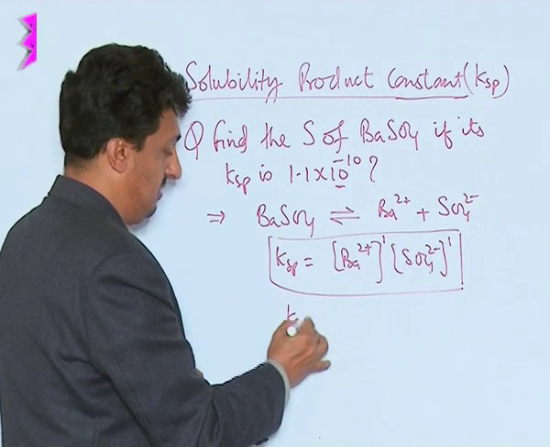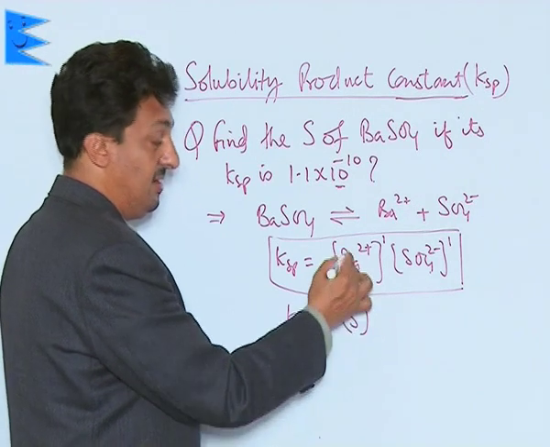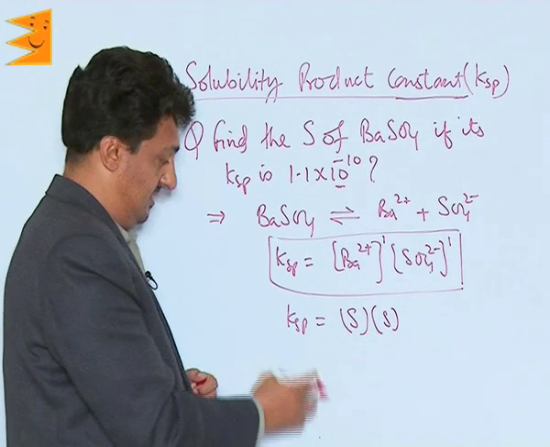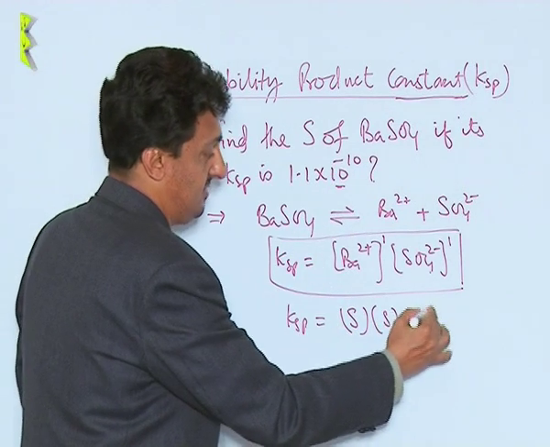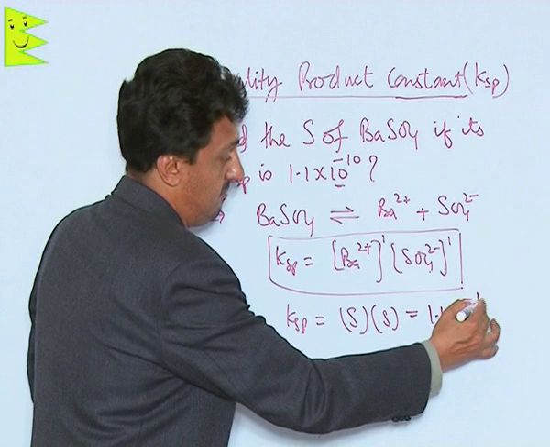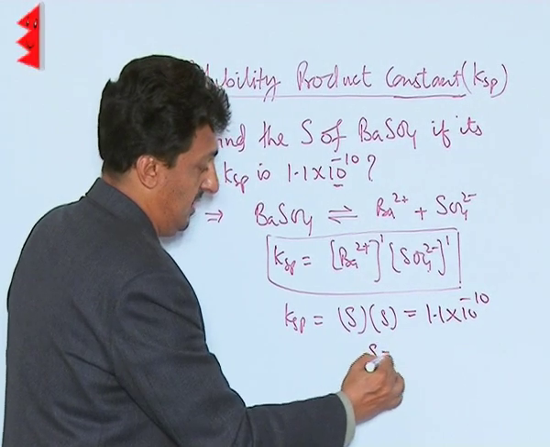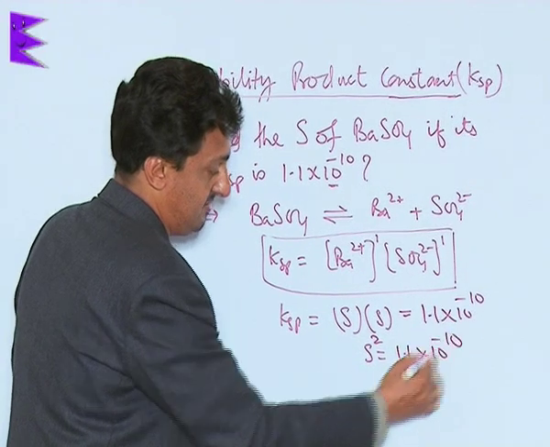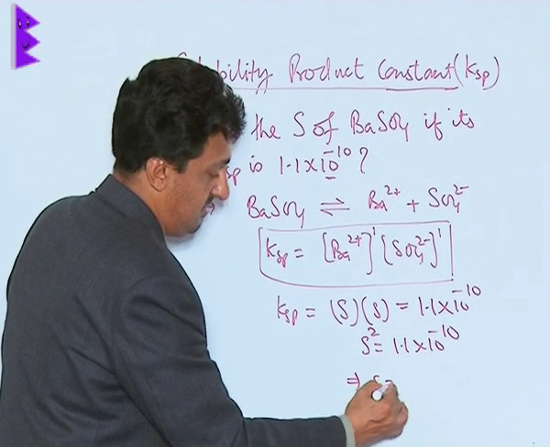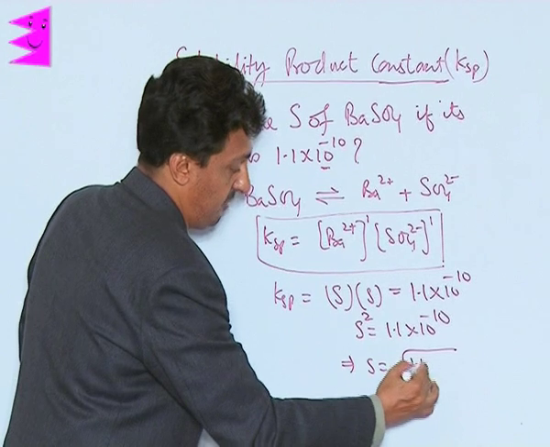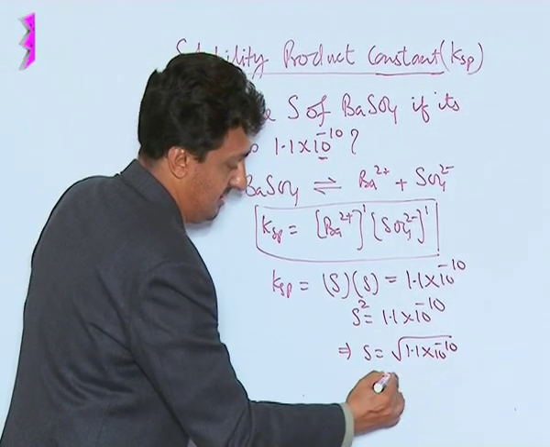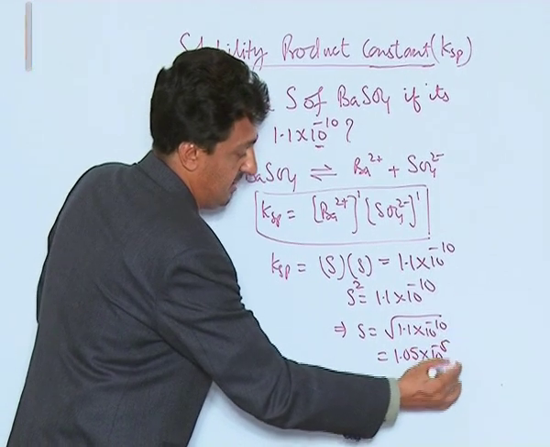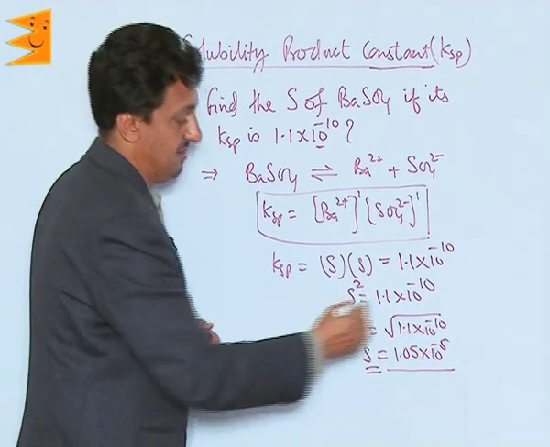So its Ksp will be, if the solubility of these ions is S and S, S into S. And Ksp is already given to us as 1.1 into 10 to the power minus 10. So it will be S square equal to 1.1 into 10 to the power minus 10. So S is the square root of 1.1 into 10 to the power minus 10, which comes out to be 1.05 into 10 to the power minus 5. So this is its solubility.